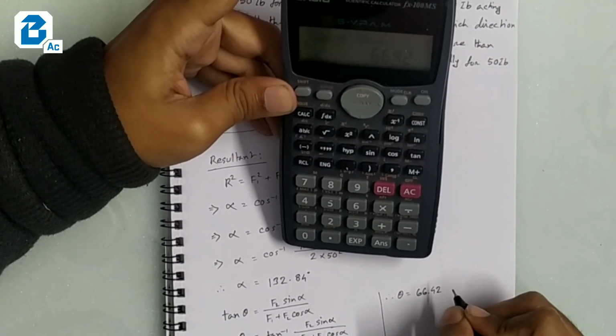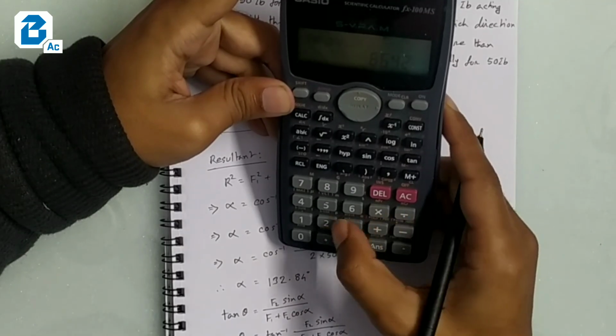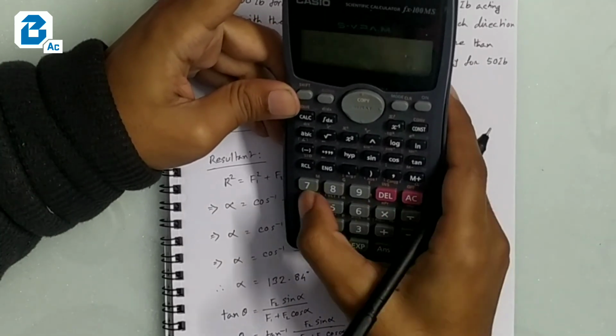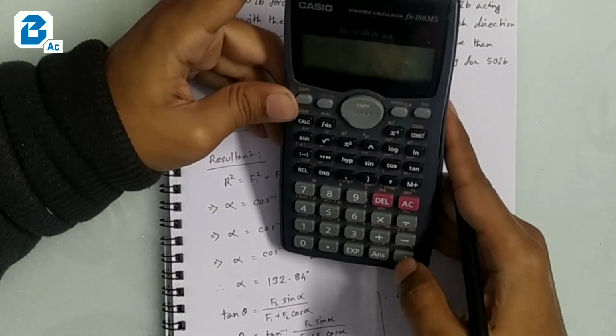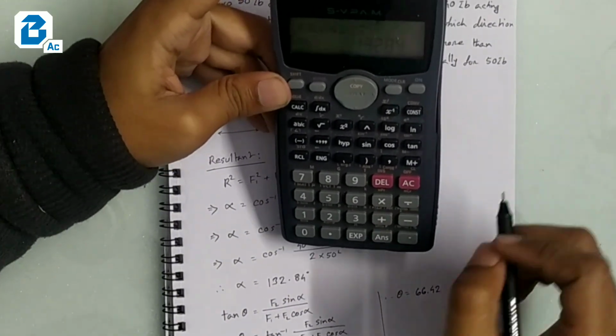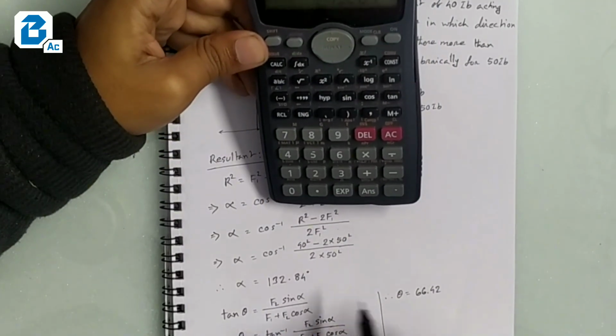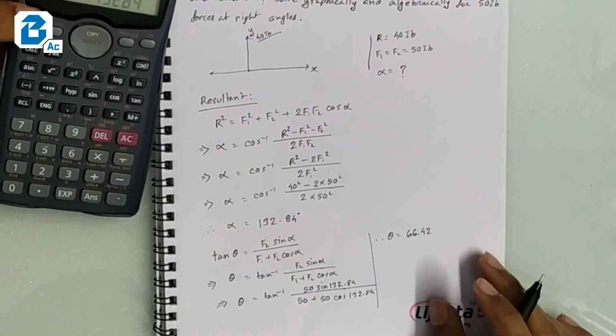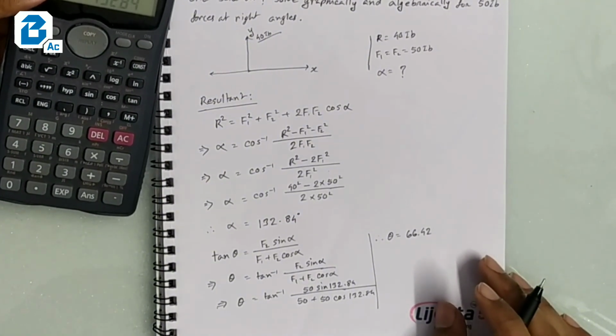Theta is equal to 66.42, and if we multiply it by 2, 66.42 into 2, we will get 132.84, which is the alpha angle, because the both forces acting on it is 50 pound.